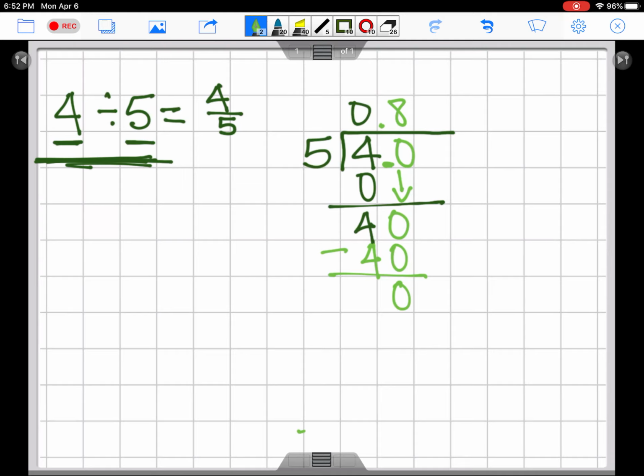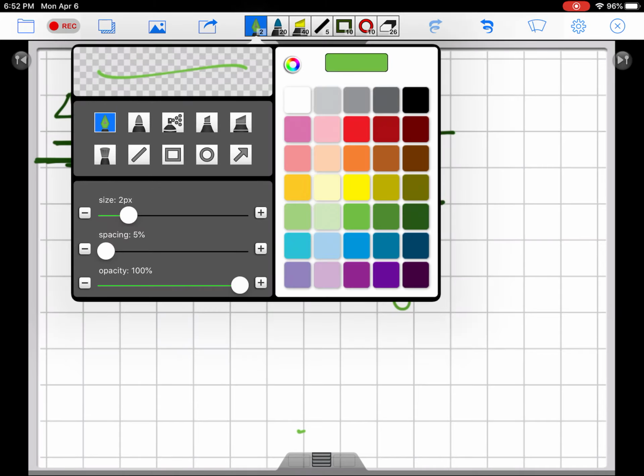I do want to make sure that we are remembering here, I am saying 8 multiplied by 5 equals 40, but what we're really doing here is saying 0.8 multiplied by 5 equals 4. And that carries our decimal straight through what we're doing. It's just a little bit easier to talk about it without the decimal. So that's exactly what we're looking at here, team.